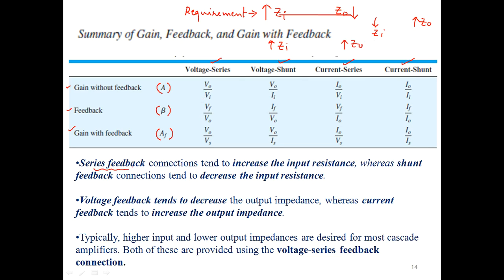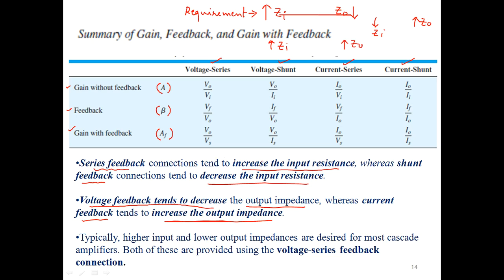Series feedback connections tend to increase the input resistance, whereas shunt feedback tends to decrease the input resistance. Now it all depends on the requirements. What does the end user need with respect to the amplifier? Similarly, voltage feedback tends to decrease the output impedance, whereas current feedback tends to increase the output impedance.